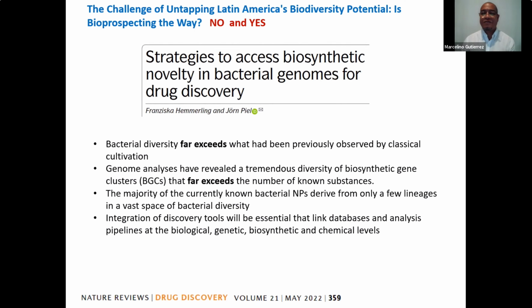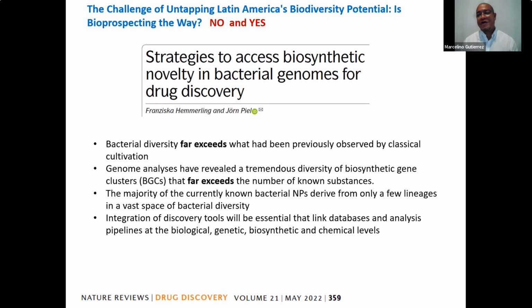I would say no. If we use traditional approaches, we'll continue isolating the same compounds. But if we use the new tools that we have available, like genomics and new analytical capacity based on mass spectrometry and NMR, then we will find a universe of molecules, new molecules actually.